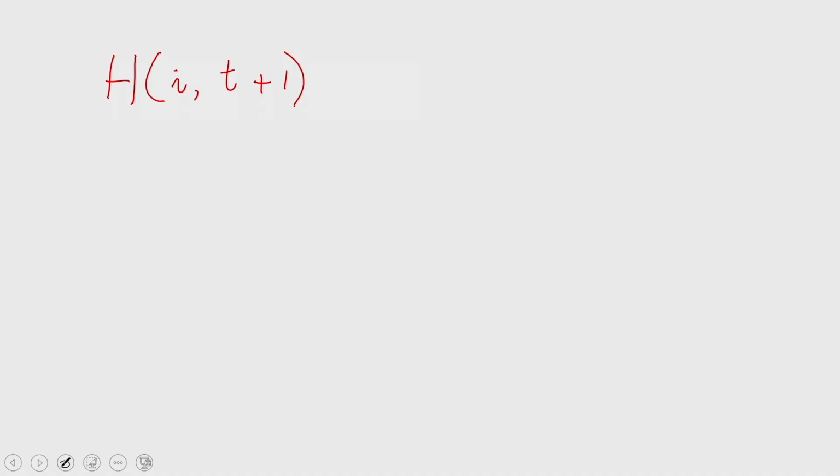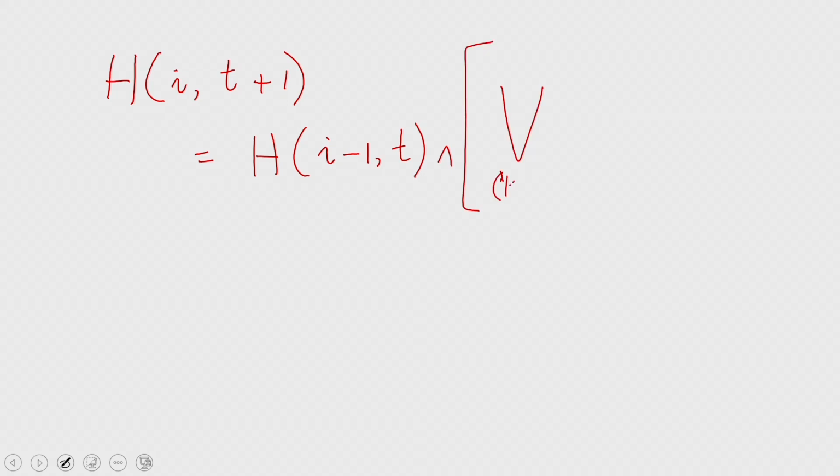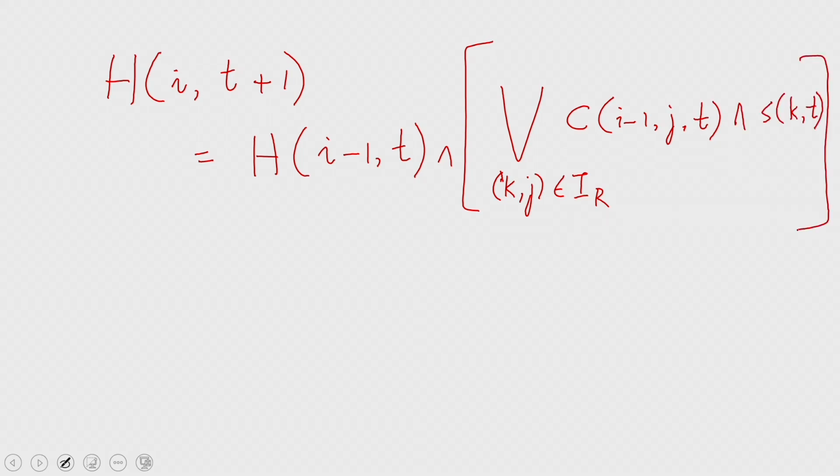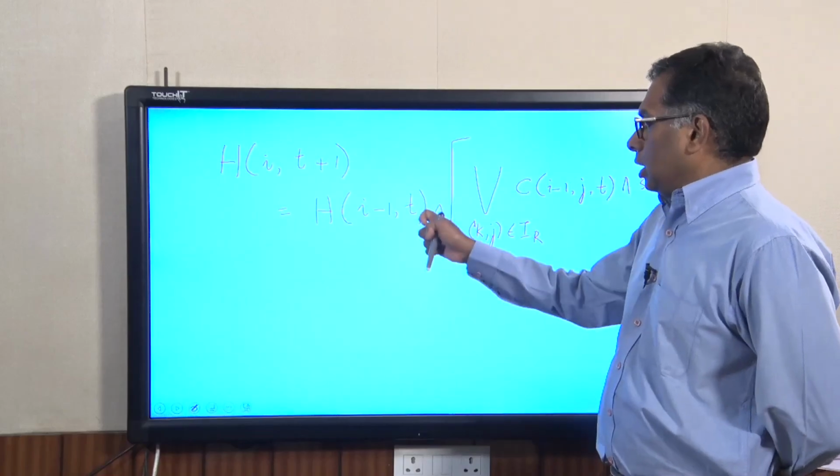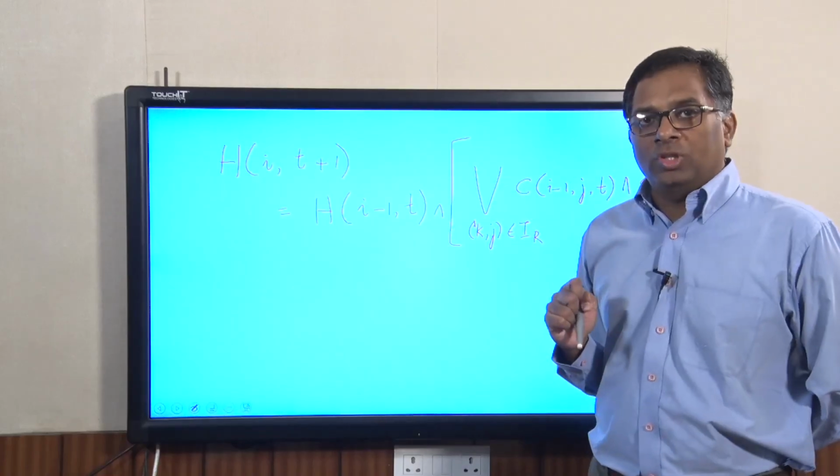Now, this is possible if either in the previous time instant the head was at position I minus 1 and the machine had a rightward movement. So, let us see what it says. This term asserts that at time t the head was on the I minus first cell.